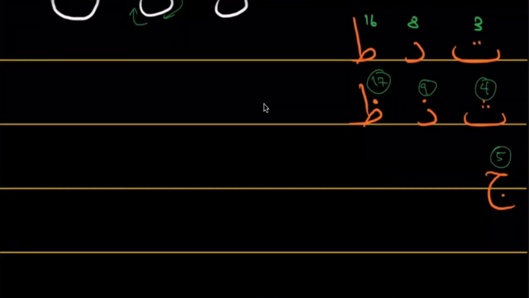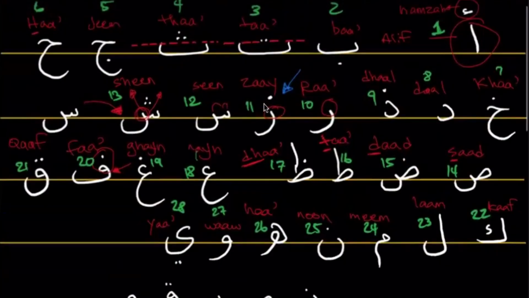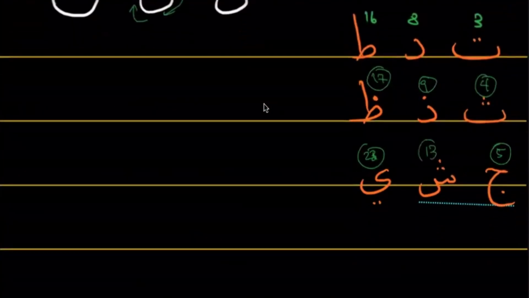Her sisters are Sheen and Yeah. Yeah is for sure number 28. Don't have to look there. And Sheen is number 13. Jeem, Sheen, and Yeah. How are they sisters?